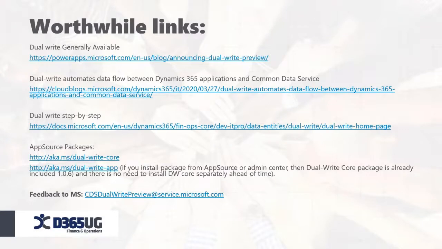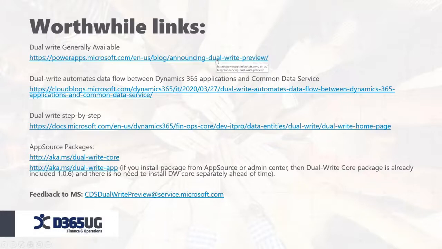As I've been saying a few times, these are the worthwhile links which list down what happens now that dual write is generally available. Dual write came into general availability on 27th of March, less than a month ago, and there are big announcements.